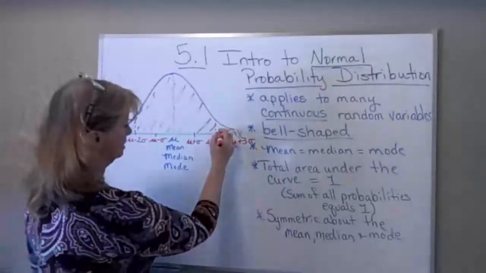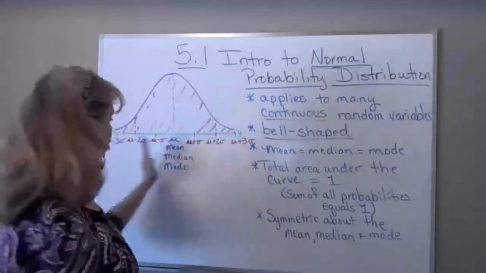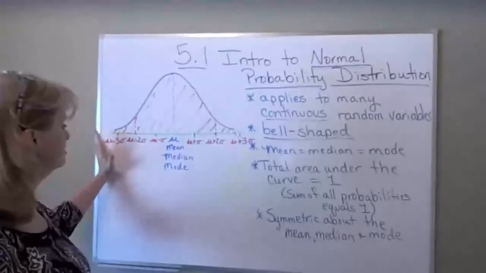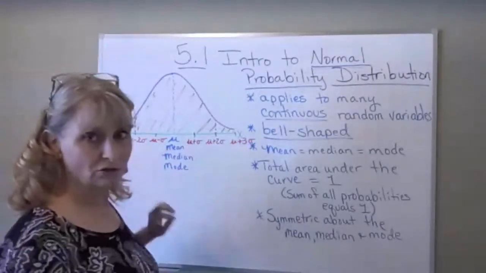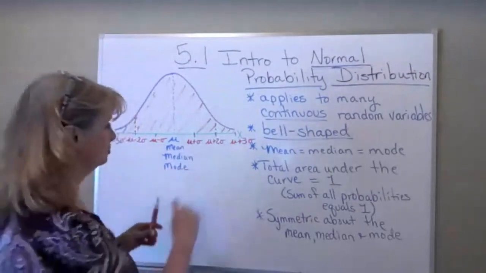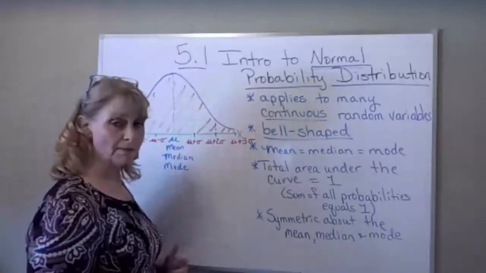If anything that's way over here past the mean plus 2 standard deviations or over here to the left of the mean minus 2 standard deviations, any data value in those parts under the curve are considered unusual. And the height of the curve corresponds to the probability.